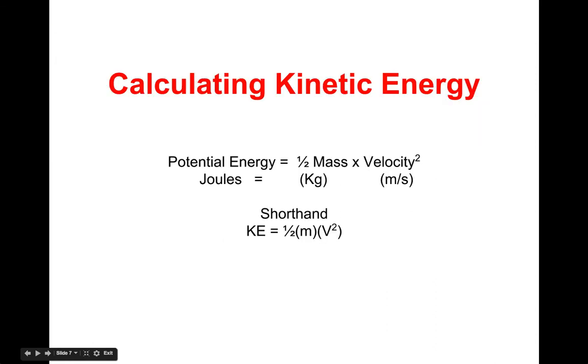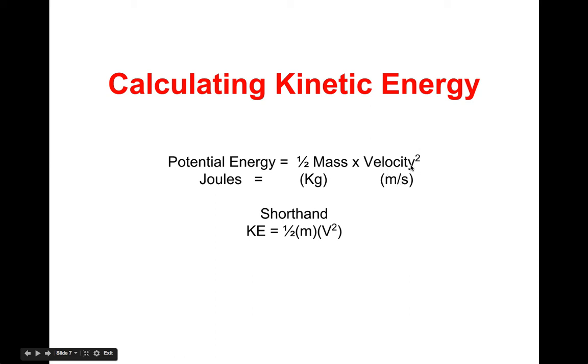So let's talk about kinetic energy. How do we calculate kinetic energy? Kinetic energy, this should say kinetic energy, not potential energy, is also measured in joules. And the formula for kinetic energy is 1/2 of mass times the velocity squared in meters per second. Again, you need to be careful because that mass is in kilograms.